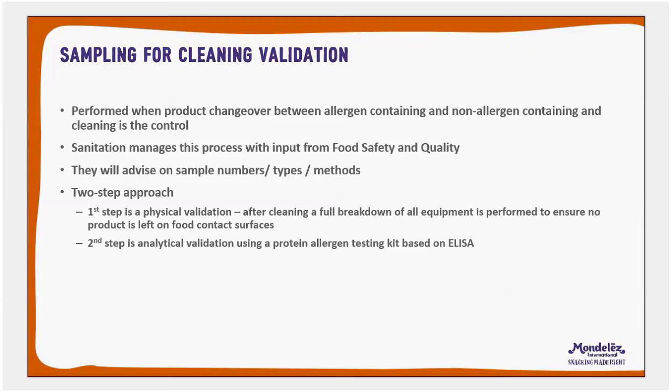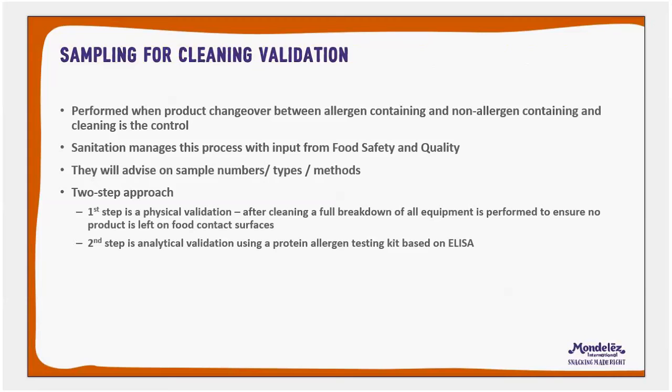Sanitation manage this process, but they will get input both from food safety and quality. The sanitation team will help advise you on how many samples to take, what type of samples, and which methods you should be using for testing. So cleaning validation is a two-step approach. The first step is the physical validation.